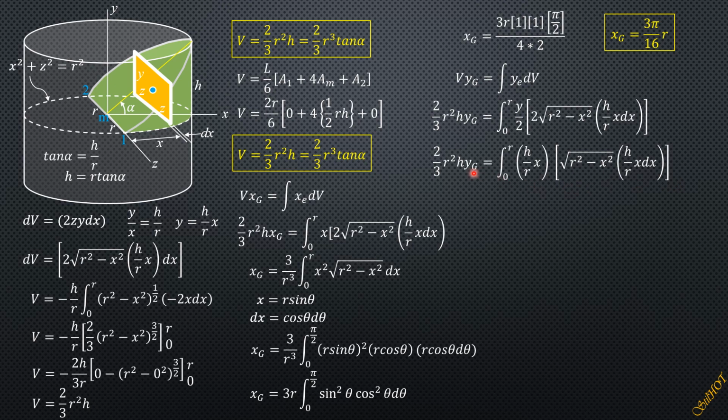So simplifying, take note that we can cancel h, then the numerator becomes 3h, so we have yg equals 3h over 2 r to the fourth, then the integral from 0 to r of x squared, square root of r squared minus x squared dx. Take note that this integral is the same as the integral here. Therefore, by our experience here, this integral will give us a value of pi over 16. So that's pi over 16, because 3h over 2 r to the fourth is a constant before the integral sign.